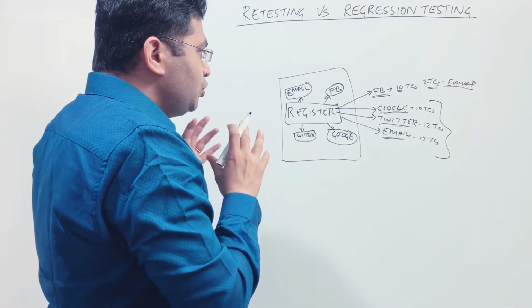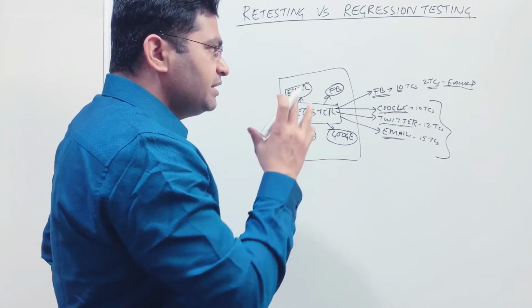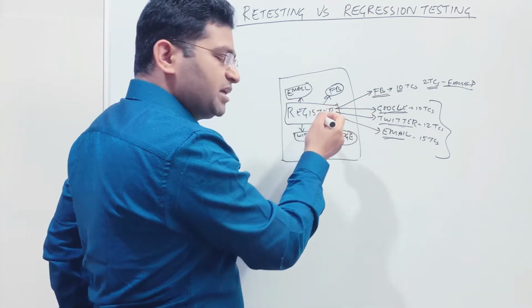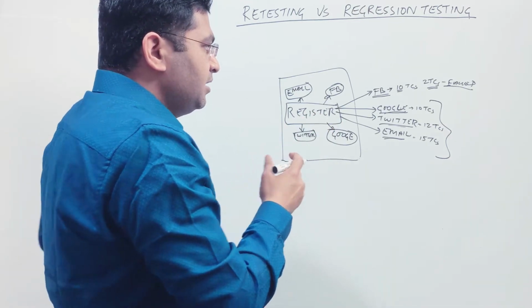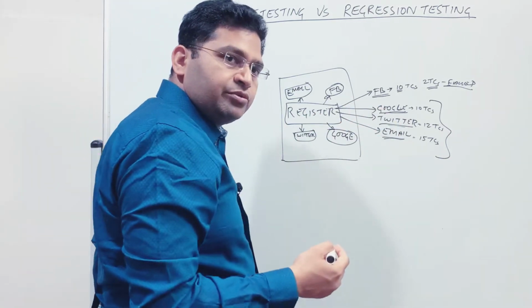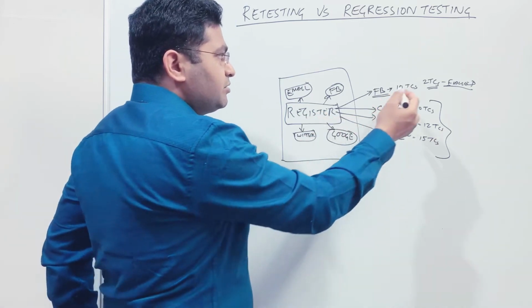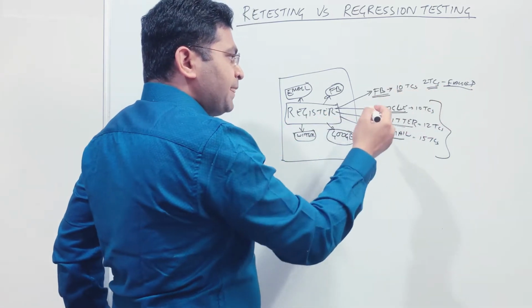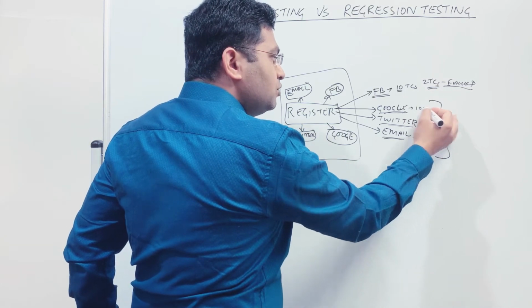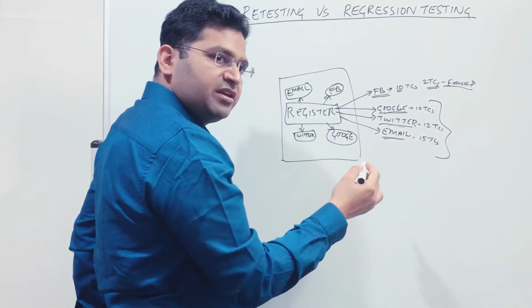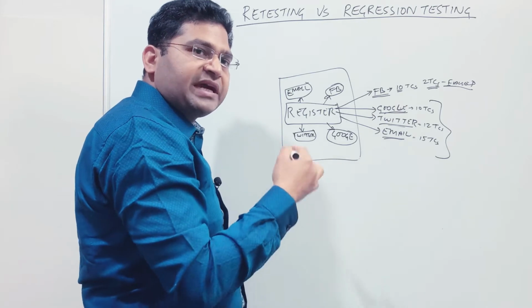Now when you analyze all the related modules of a particular functionality, you come up with the test cases that need to be executed because they are related to those failed test cases. Say, for example, because of these two failed test cases, you also want to verify that Google registration, Twitter registration, and email registration haven't been impacted at all, right?